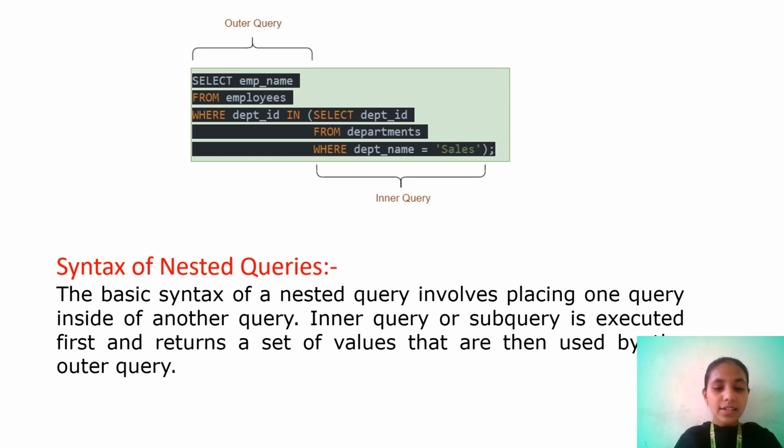The basic syntax of a nested query involves placing one query inside of another query. The inner query, or subquery, is executed first and returns a set of values that are used by the outer query.